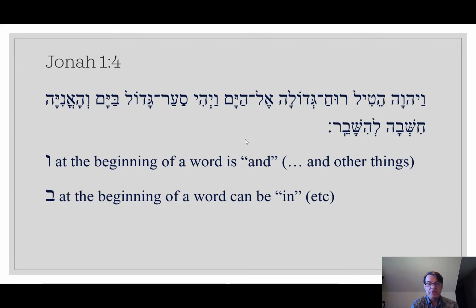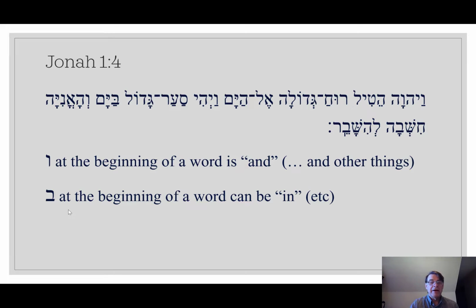The second thing to learn is that there are some other separable prefixes like prepositions. Prepositions are relationship words. In the house, Ken's in the house. But bet at the beginning of a word is often, not always, sometimes, hey, that's not a wig, that's my real hair. You know, like the verb create in Genesis 1:1, bara means he created. It's not a preposition. So sometimes a bet at the beginning of a word is a real bet.